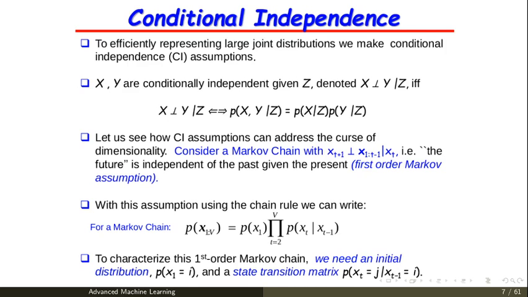This is the definition again. What I am going to do here, I am going to write this is the standard way to discuss the hidden Markov and state space model. This is a Markov chain.